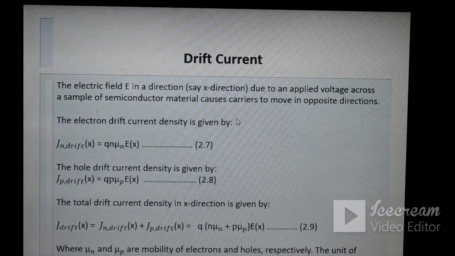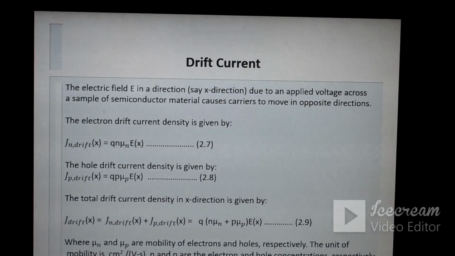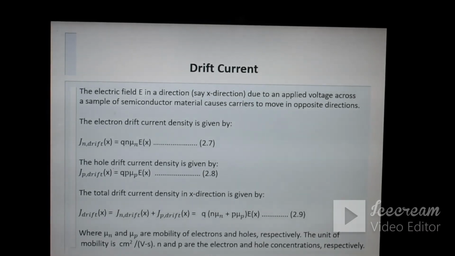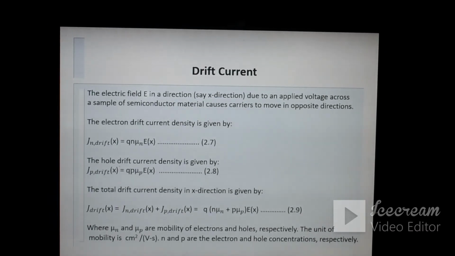So as far as drift current is concerned, the electric field E in a direction, say X direction, due to an applied voltage across a sample of semiconductor material, causes carriers to move in opposite directions. That is, if holes move in one direction, then electrons will move in another direction.